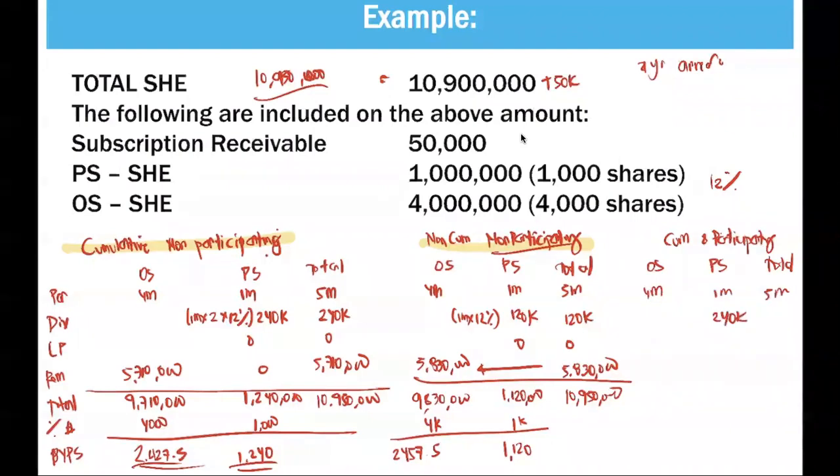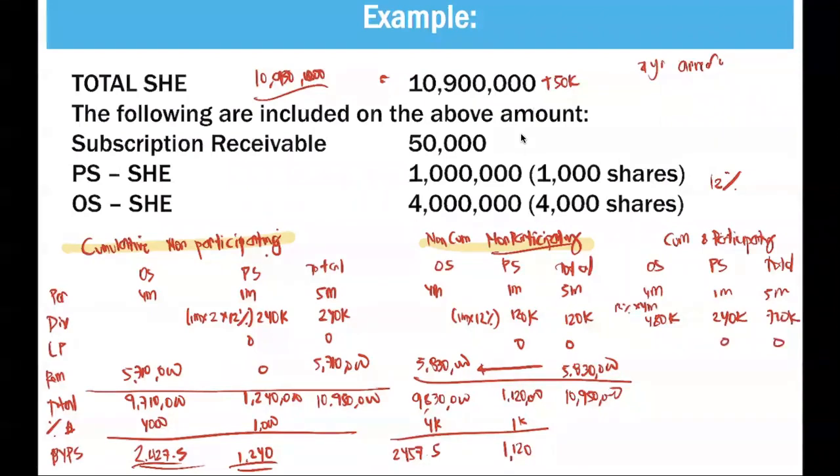While for OS, we will only have a basic dividend in accordance with the percentage of your PS. So let's compute the amount for ordinary shares. We have 12% multiplied by 4 million, so we have 480,000. So 480,000 plus 240,000, we have 720,000. Do you have any liquidation premium? None. Next, the remainder.